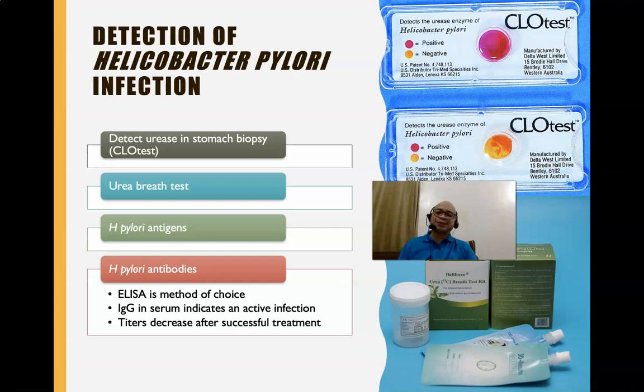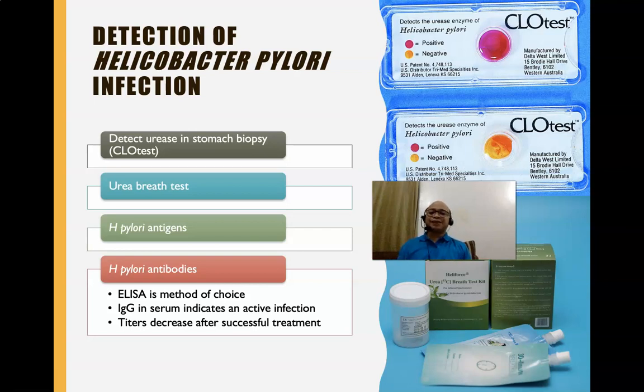So urease will hydrolyze urea into ammonia and carbon dioxide. And since the urea is C-labeled, the product would also be C-labeled CO2, and that is the one that will be measured in a scintillation counter. Okay. And then, of course, detection of H. pylori antigen. Among these, of course, the urea breath test is less invasive.